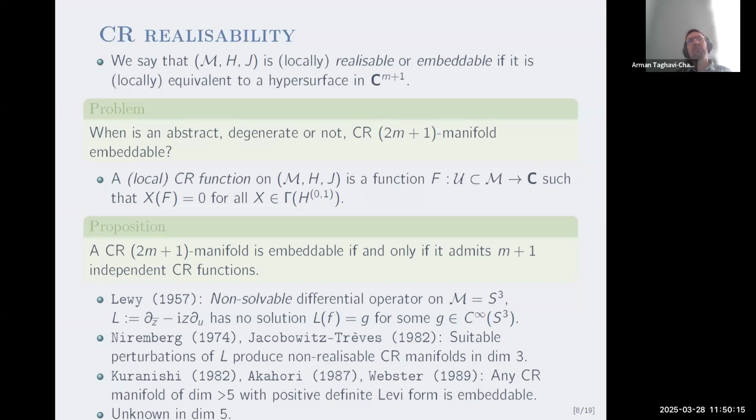In dimension strictly greater than 5 with positive definite Levi form, and it's pretty hardcore analysis, they showed that any CR manifold of dimension strictly greater than 5 with positive definite Levi form is embeddable. As of today, it remains a conjecture whether this is still true in dimension 5.